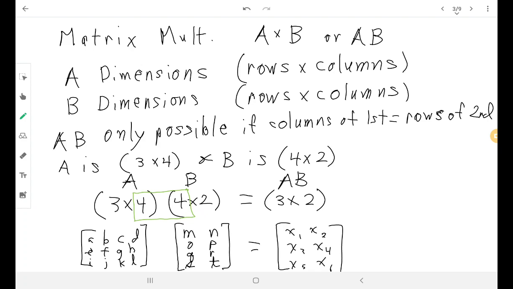Okay, the outer parts will be the new dimensions for the matrix that you produce through the multiplication. Okay, so there's the rules. I hope I've given enough time to go back to the next one.